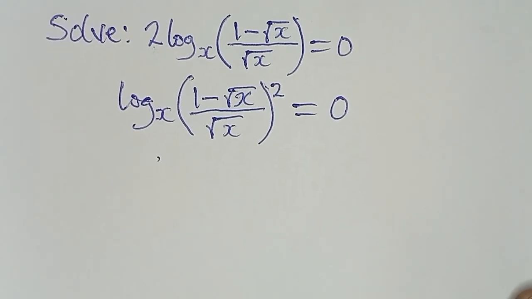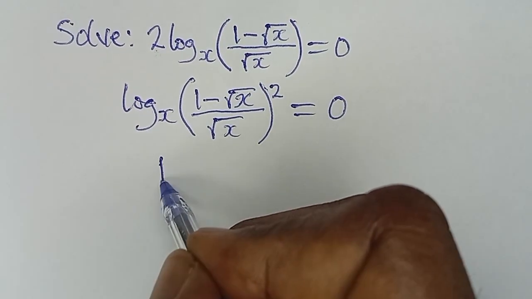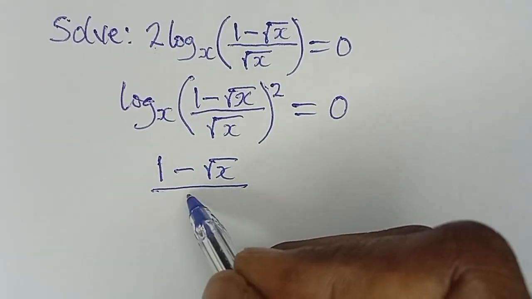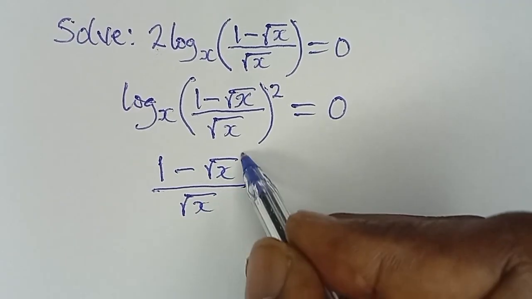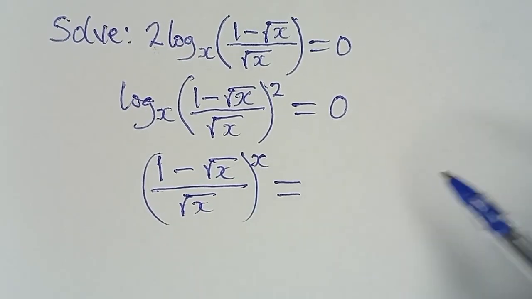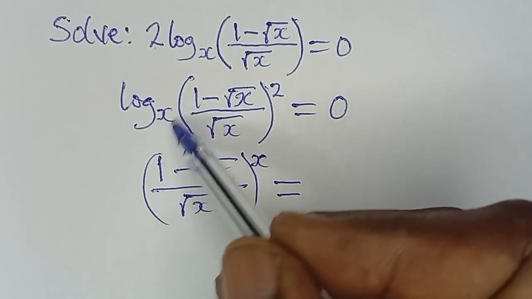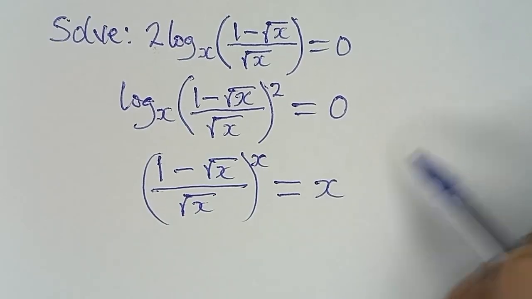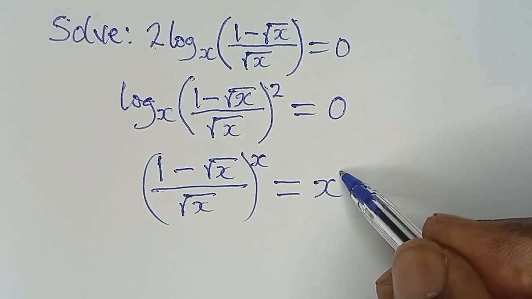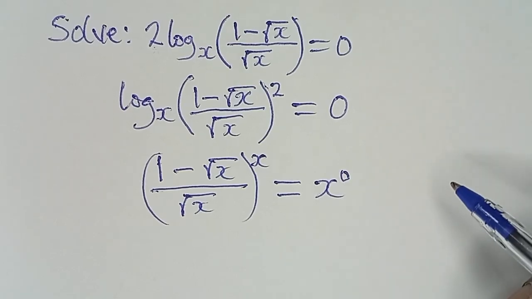Now, let me write that as 1 minus the root of x all over the root of x, all squared. Then in expressing it in indices, you take the base, x, and raise it to the power of the answer on the right hand side. So x raised to power 0.